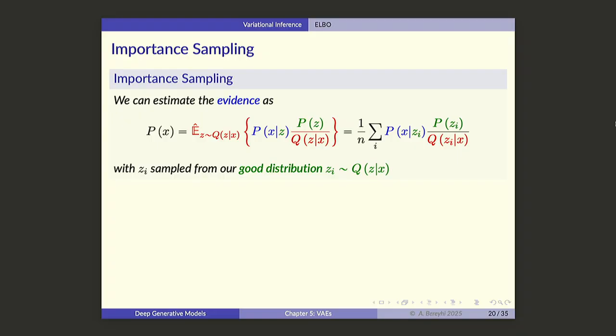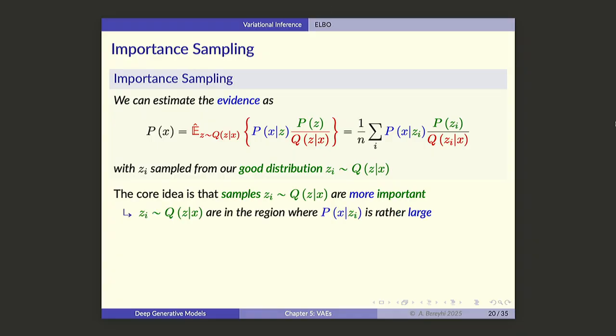And the intuitive idea here is that samples coming from Q are more important. And because they are more important, they are always going to be within the vicinity where this p-value is quite large. And because of that, I can simply replace my expectation with this new form and then use those samples, right? They are more useful samples that are going to give me a better estimator.